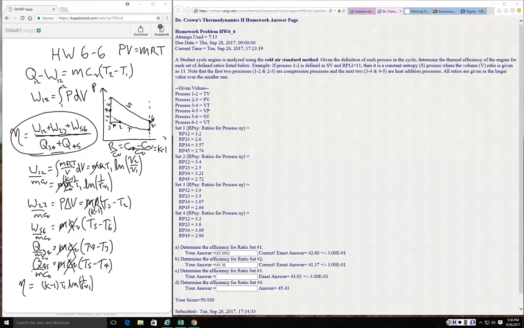My second term is work 2, 3, which is K minus 1 times T3 minus T2. And my third term is work 5, 6, which is just plus T5 minus T6.